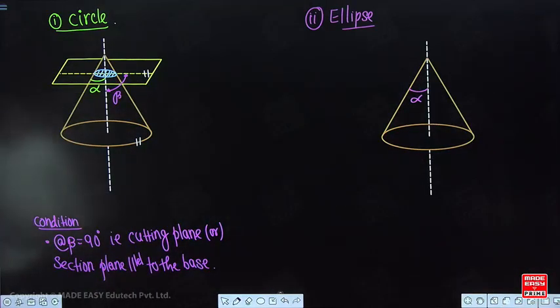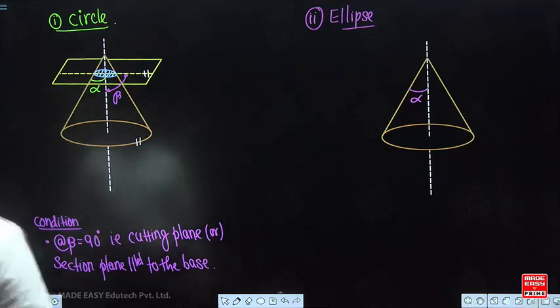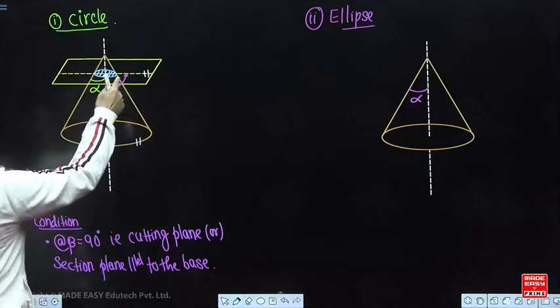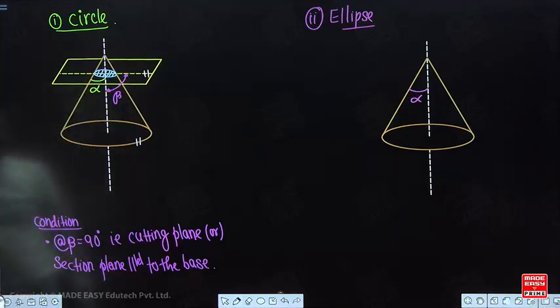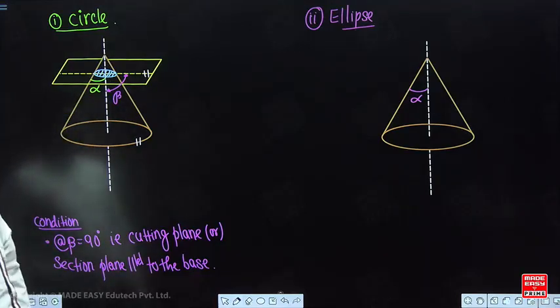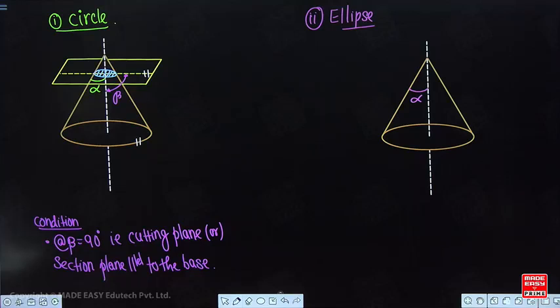Clear? So this is shown by the hatching line, right? This is the shape you are going to get, a circle. These lines are basically called hatching lines, isn't it? So you are going to get a circle. Clear everyone?